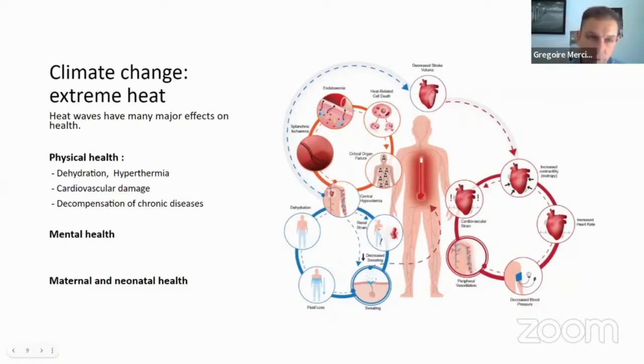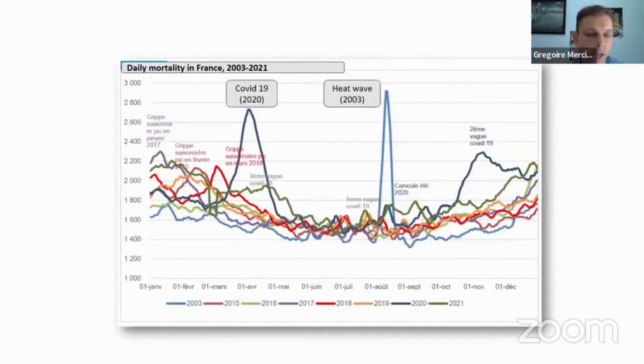So first, there is no debate that heat waves have a very major effect on longevity, including in terms of mortality. And just to give you a very specific example, so that's daily mortality figures for France. Each line is for a different year in the past.